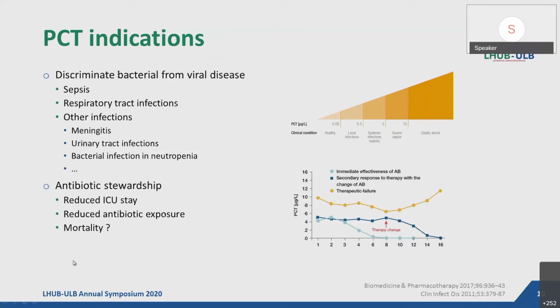And the second main interest is antibiotic stewardship. Different studies have been performed over the last years showing the interest and the economic interest of a reduced antibiotic exposure, because as displayed on this picture, the efficacy of the antibiotic will be reflected by a decrease in PCT levels, as can be seen with CRP in some cases.